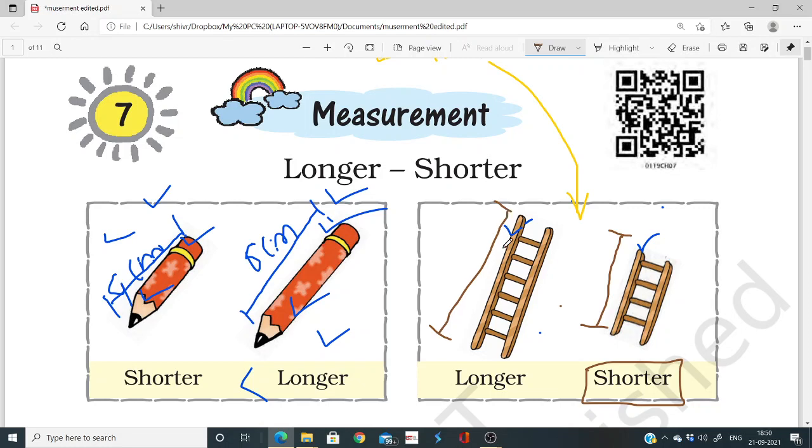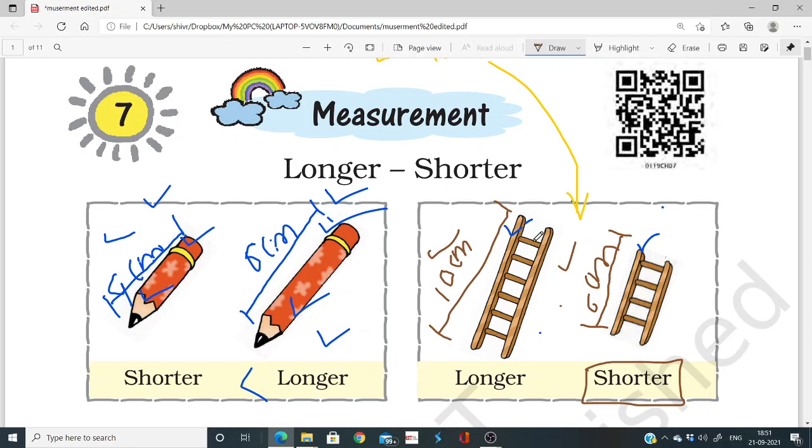Suppose the length of this ladder is 10 centimeter, and the length of this one is 6 centimeter. Which is more, 6 or 10? 10 is more and 6 is shorter.